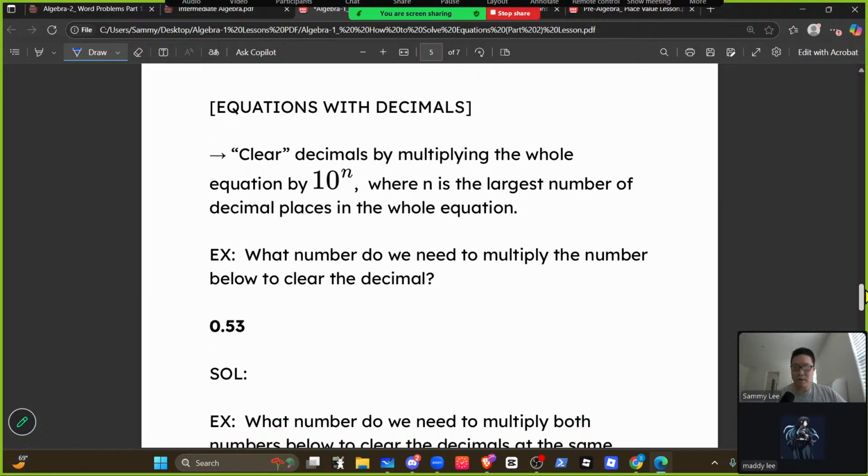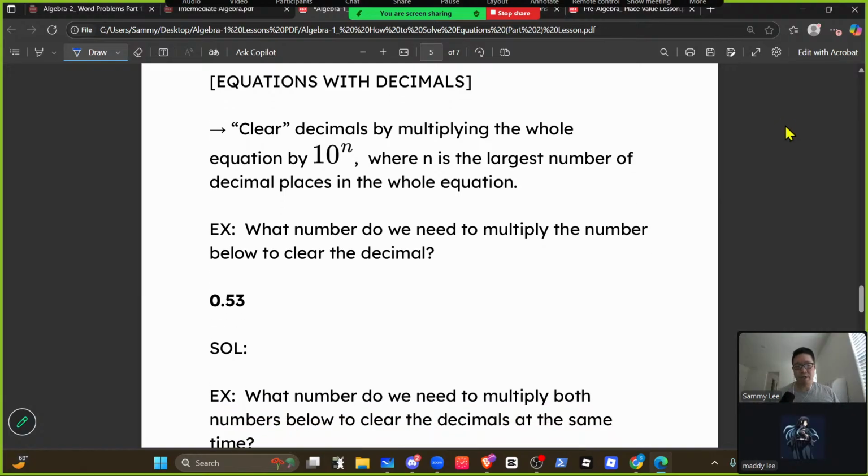Here we have equations with decimals. So we've gone over how to find the least common denominator. We used the method of prime factorization to find it, and we used the least common denominator to clear fractions when you run into equations with fractions. And now we're dealing with decimals because we don't like decimals either.